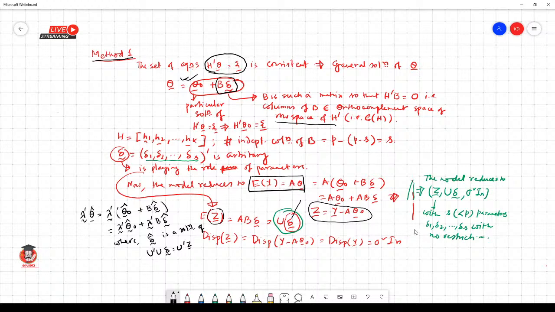So here if you take delta 1, delta 2, ..., delta s, in that case we need no restriction.